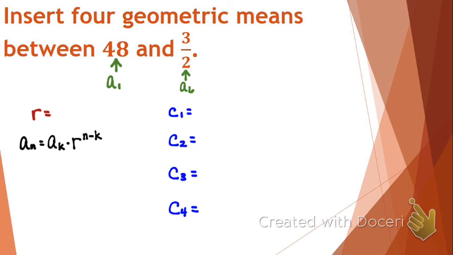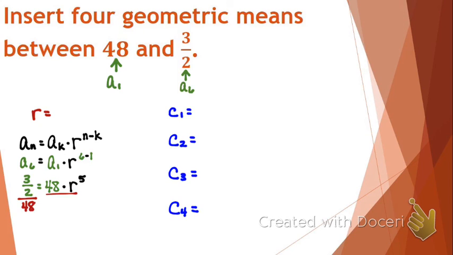It is 1/2. Let's talk about how we get there. I would have a sub 6 equals a sub 1 times r to the power of 6 minus 1. So I'm going to have 3 over 2 equals 48 times r to the 5th.